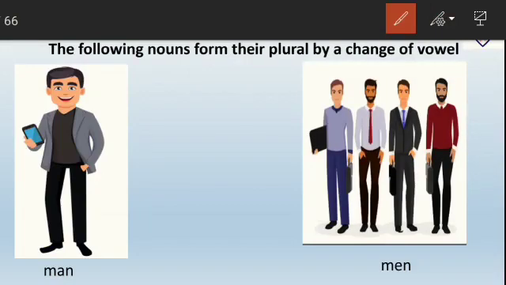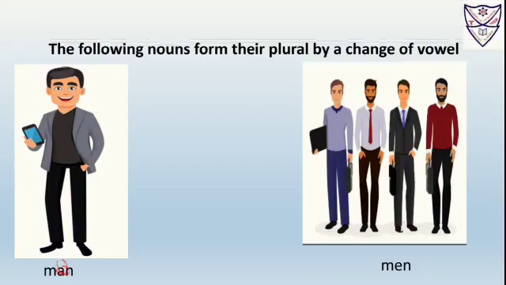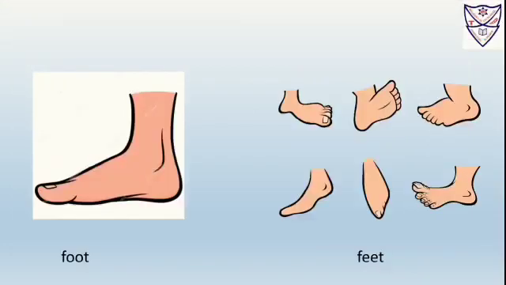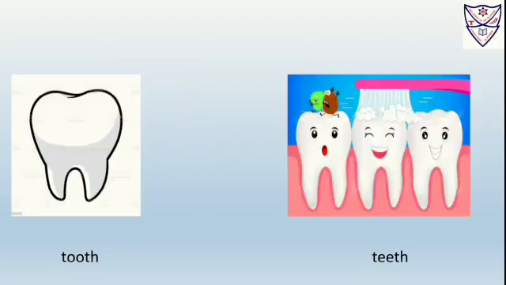Now A is a vowel. I will change this A to make it plural. So man, men. Foot, feet. Here also double O is a vowel, and to make it plural, I am changing double O into double E. So foot, feet.